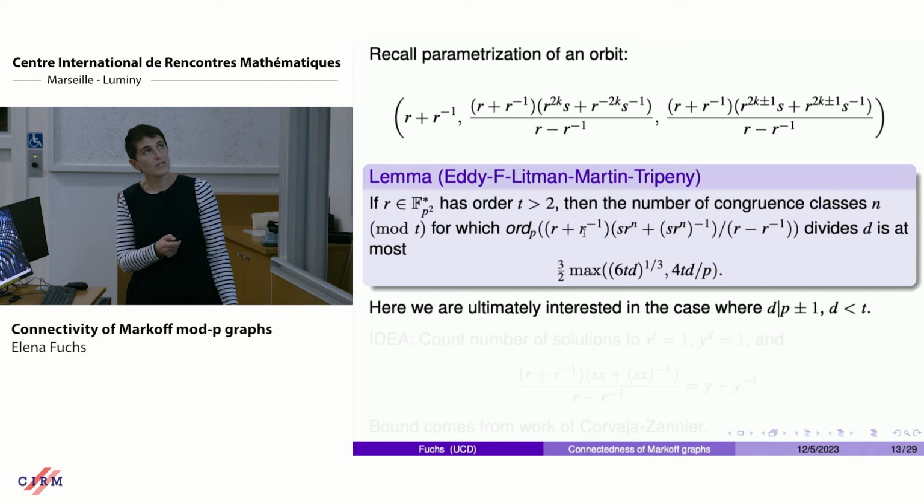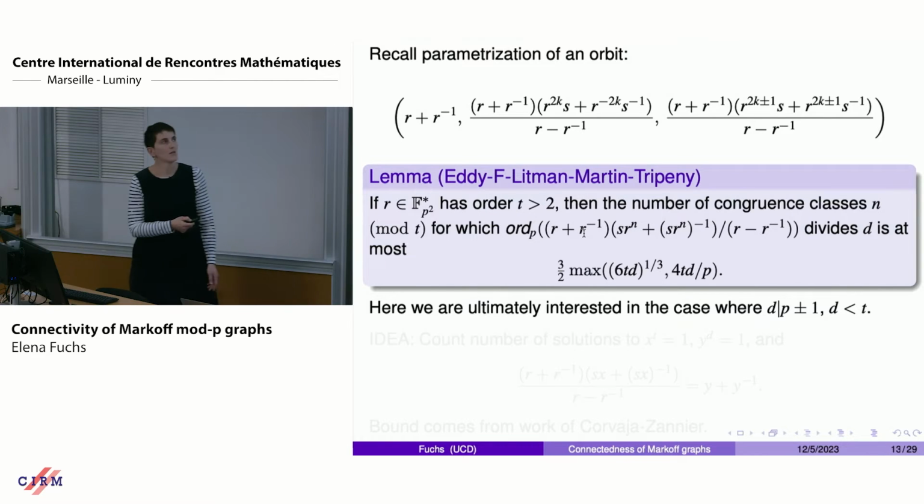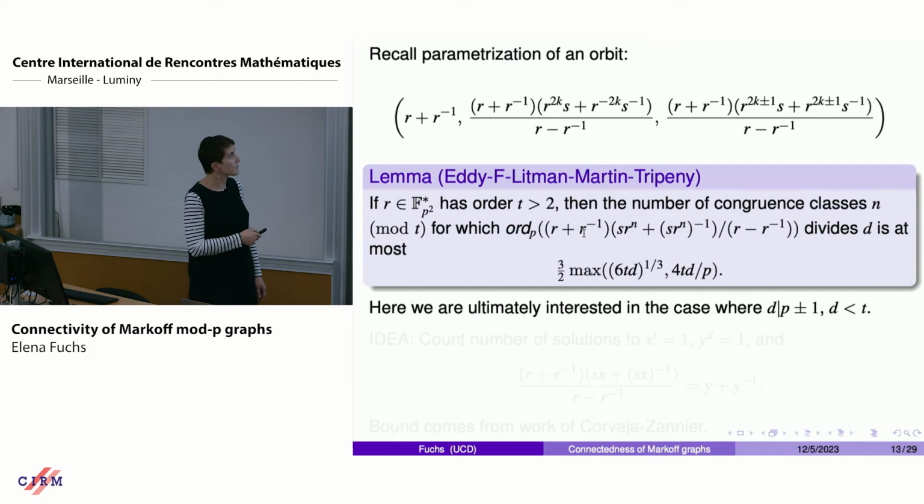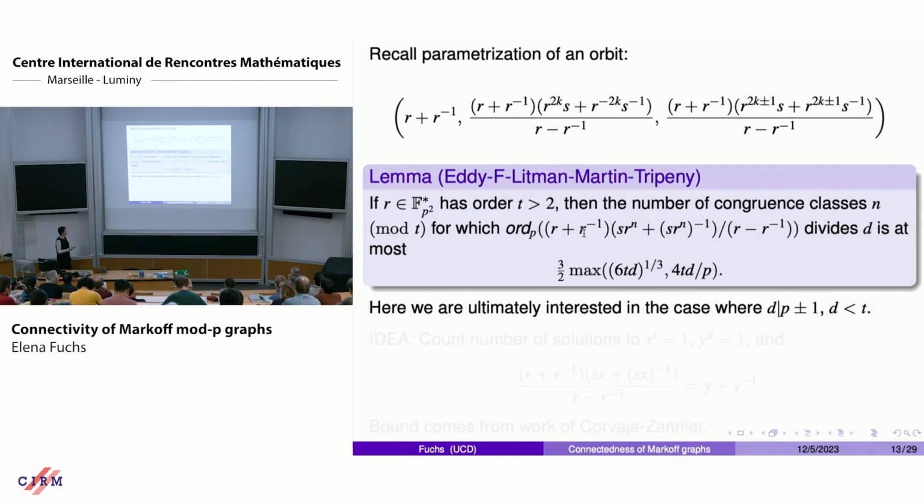How many of those have order that divides d? So I'm going to say why that's interesting in a second, but this is an upper bound on that number. What we're ultimately interested in is the case where d divides p plus or minus 1 and d is less than t. Why are we interested in that?